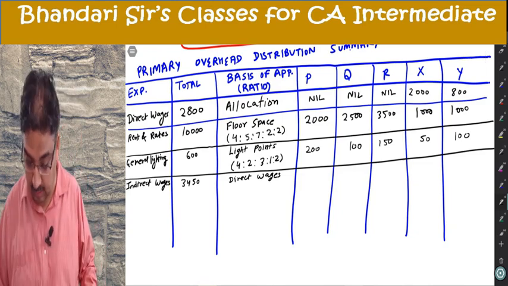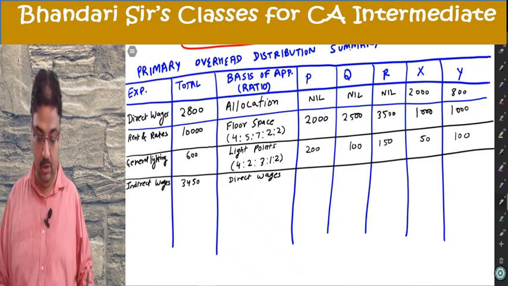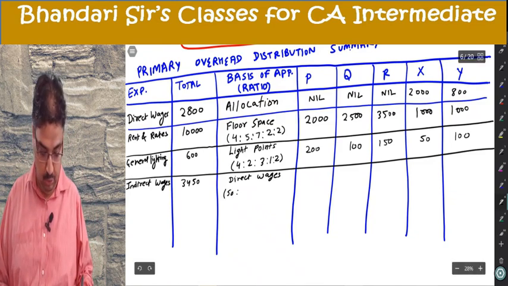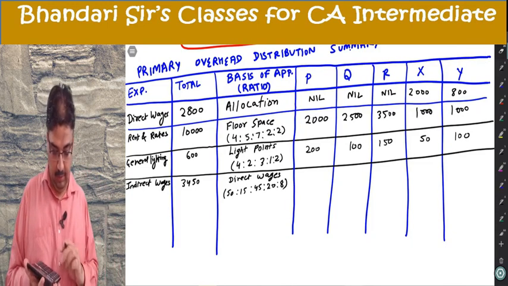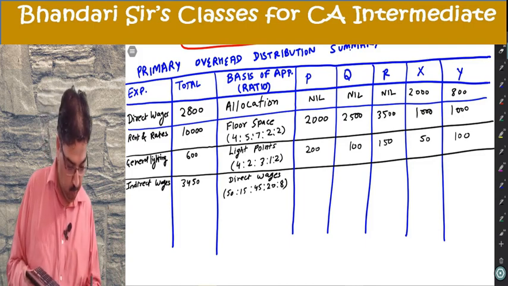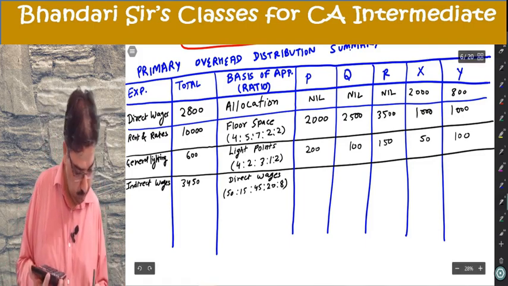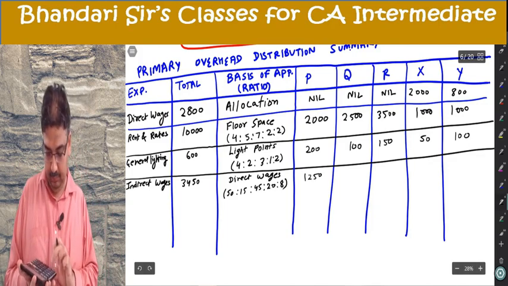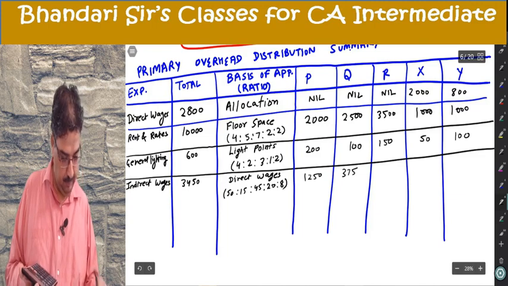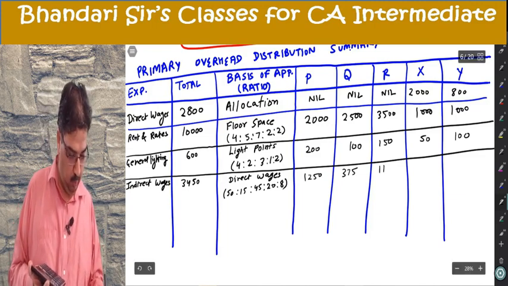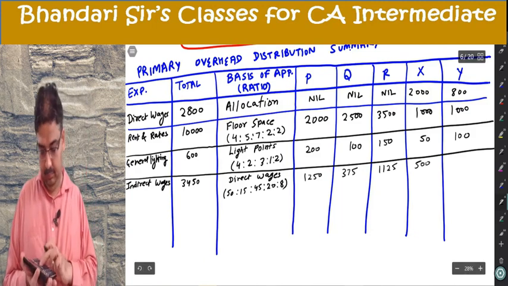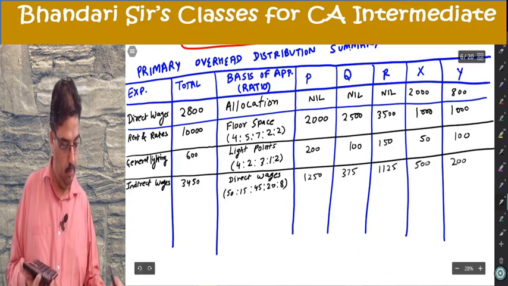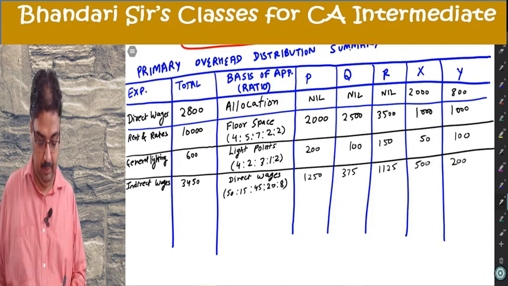It is 5000, 1500, 4500, 2800. 100 is the common factor, so I can write 50 ratio 15 ratio 45 ratio 20 ratio 8. 3450 divided by 138, it is 25 into 15: 1250, 1250, 375, 1125, 500, 200. Put in the ratio correctly, you will get it all perfect.